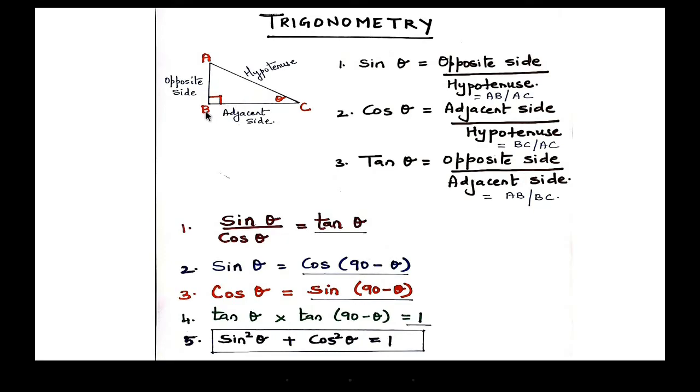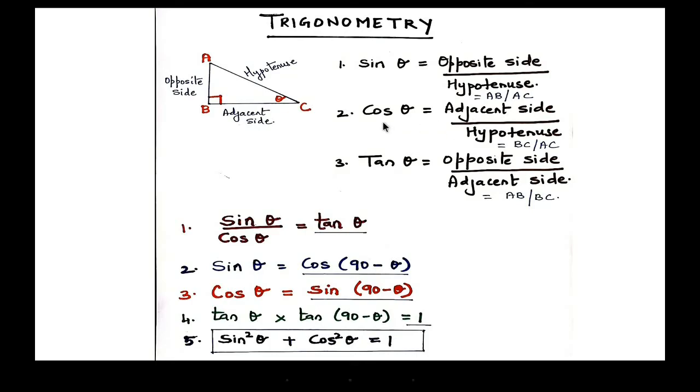So suppose we have a right angled triangle ABC, angle B is a right angle and angle C is theta, then sine of theta is given as the length of the opposite side divided by the hypotenuse. So here the opposite side is AB and the hypotenuse is AC. So by definition, sine theta is AB upon AC.